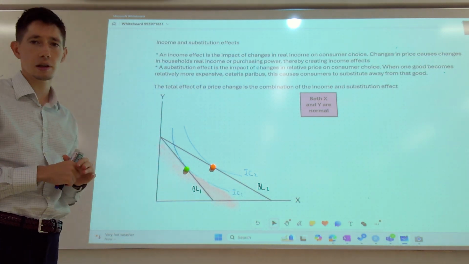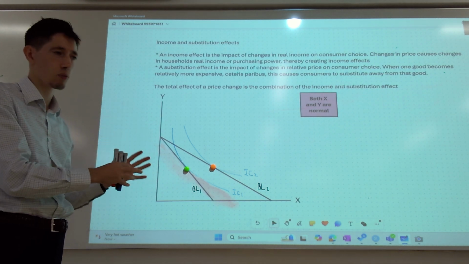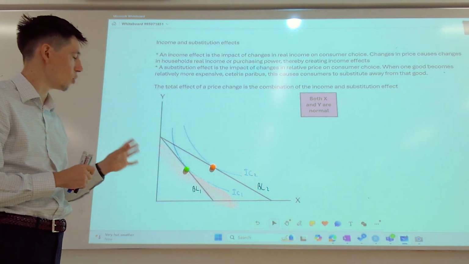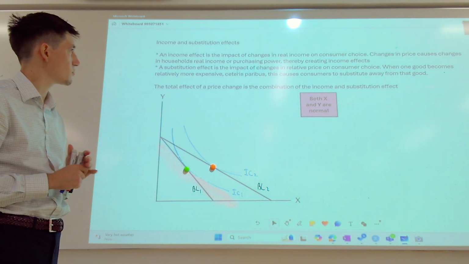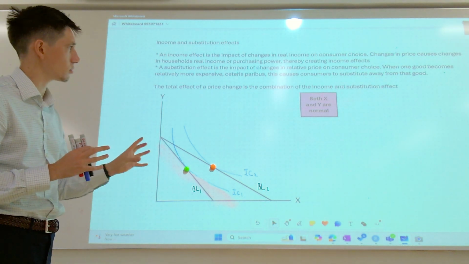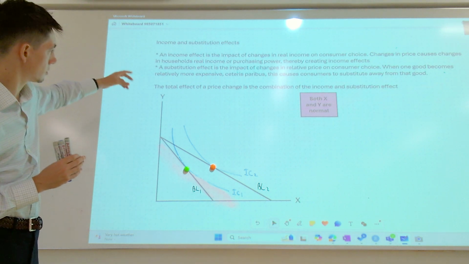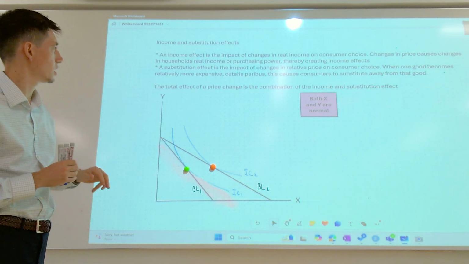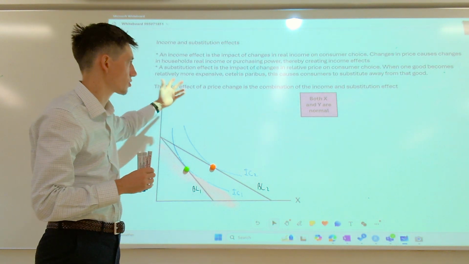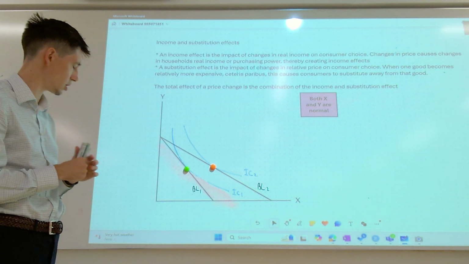That, of course, is likely to lead us to consume more units of X and less units of Y, substituting more X for less Y. But we need to show that without mixing it up with the income effect. And then, when we take those two effects together, the total effect of a price change is the combination of the income and the substitution effect.